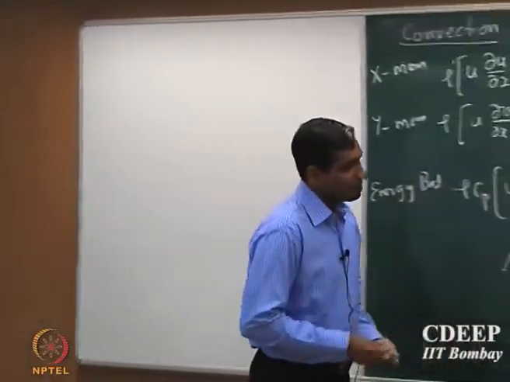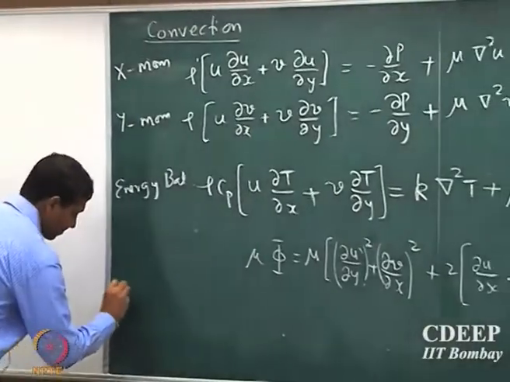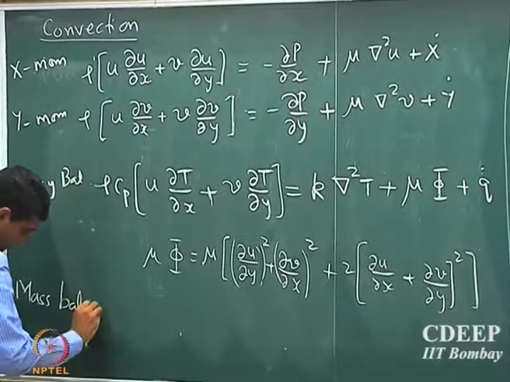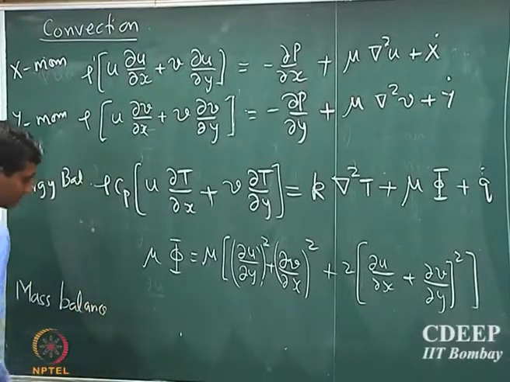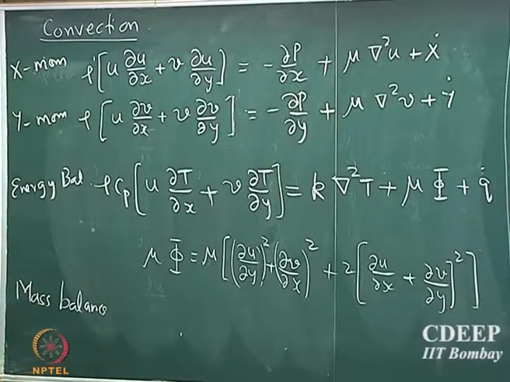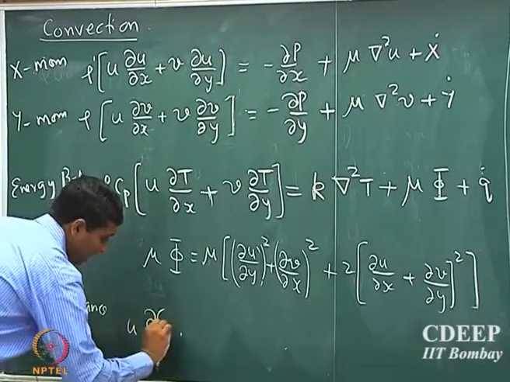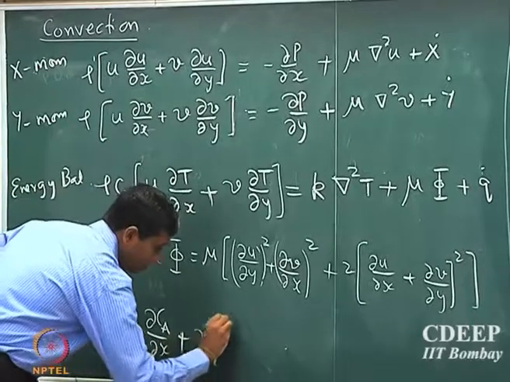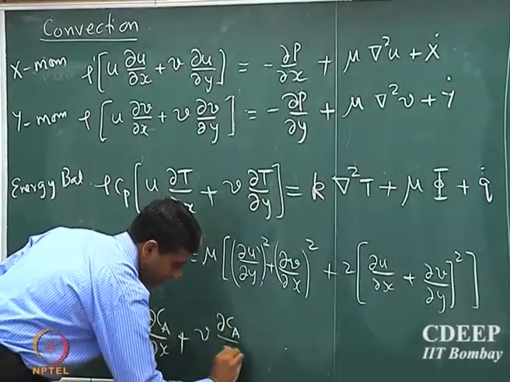Okay. So similarly we can write mass balance. So what's the equivalent convective term for mass balance? U into dCA by dx plus V into dCA by dy. Okay.